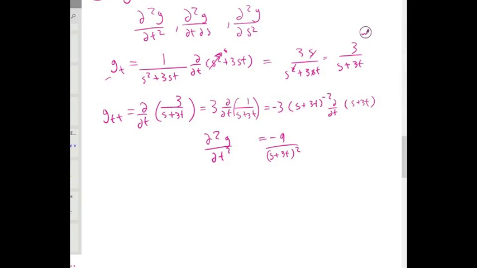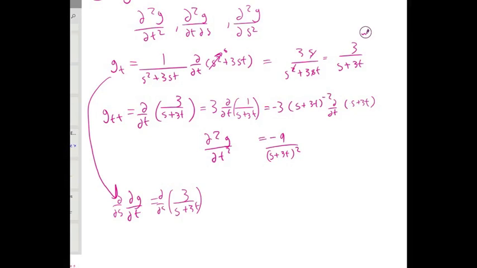Now, if we take this result, which is dg dt, and we differentiate that with respect to s, by the same logic, I'm pulling 3 out, and I won't give this one as much explanation.